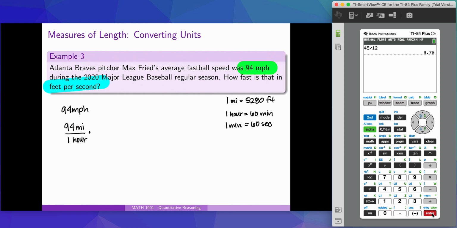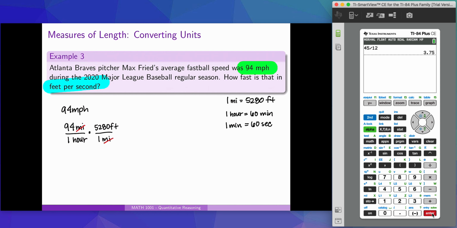So let's multiply. If I want to get rid of my miles, well, 1 mile is 5,280 feet, but I want to cancel out miles, so I'm going to put the 1 mile on the bottom so that they will cancel, and 5,280 feet on top. And now I see that my miles are canceled, and I've got feet like I want.